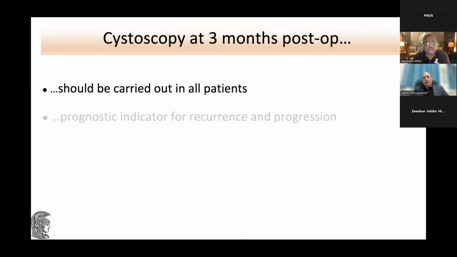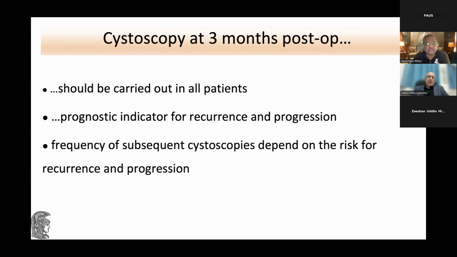It should be carried out in all patients, and it is a prognostic indicator for recurrence and progression, because if you have a tumor that recurs during that period, then it possesses an ominous, if I may say so, prognosis. And the frequency of subsequent cystoscopies depends on the risk of patients for recurrence and progression. That's why, like I said previously, it's very important for us to categorize patients according to their risk.